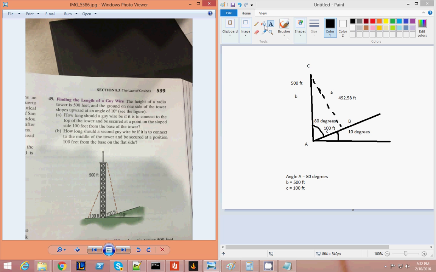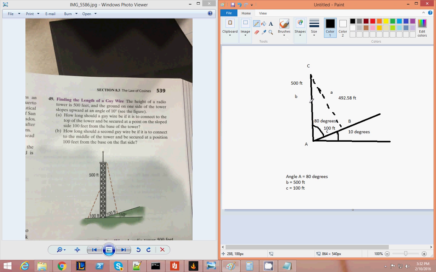So how long should a second guide wire be if it's to connect to the middle of the tower right here and be secured at a position 100 feet from the base on the flat side? Oh man, that's an ugly triangle.